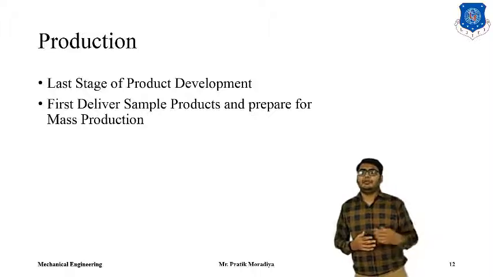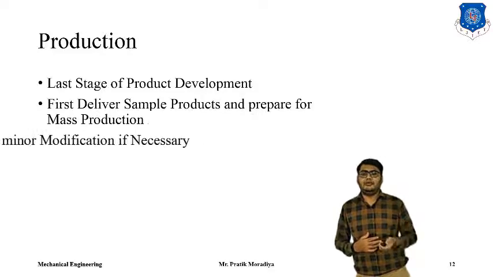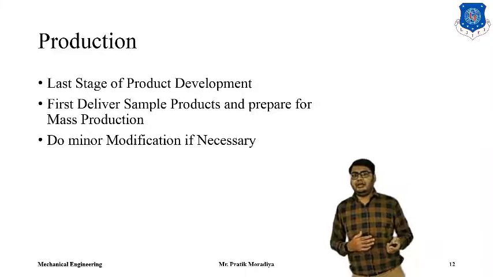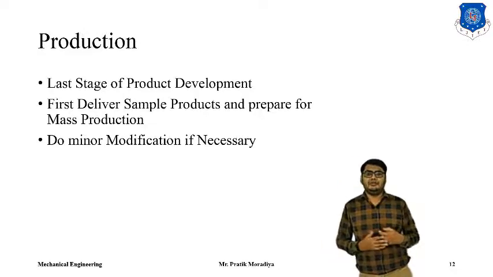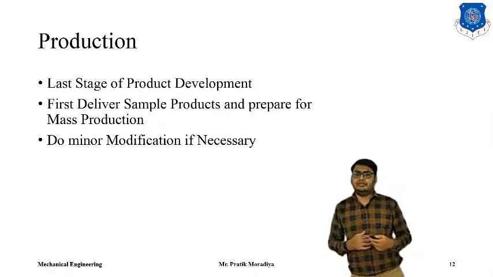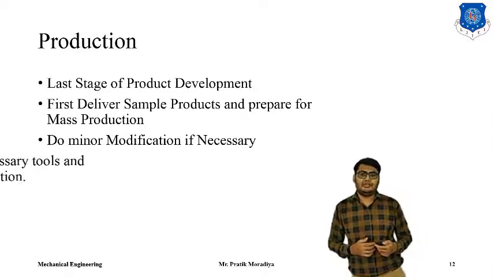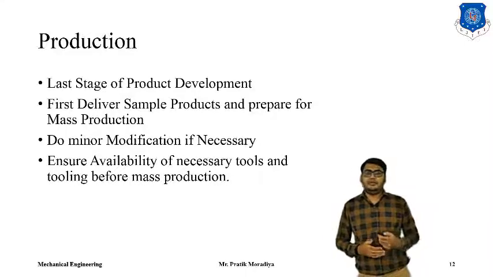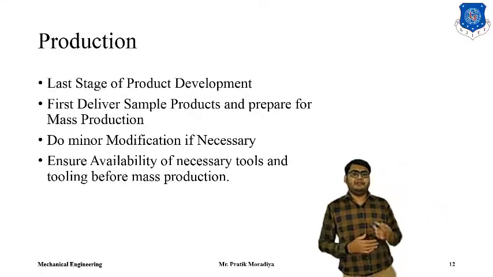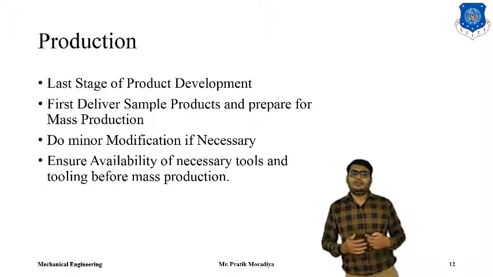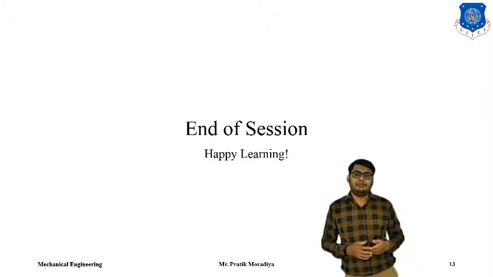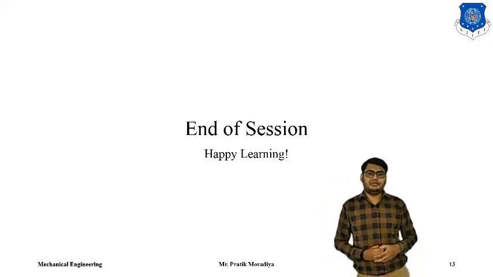So we give samples to customers and employees and check whether it works properly and satisfies the specifications and their demand, and then we can go for mass production. If during our first trials we feel that we need some modifications, then we can make those modifications there. After that, we go for various tools that are required before the mass production, and then we go into mass production. So this will be all for today's session. Thank you.